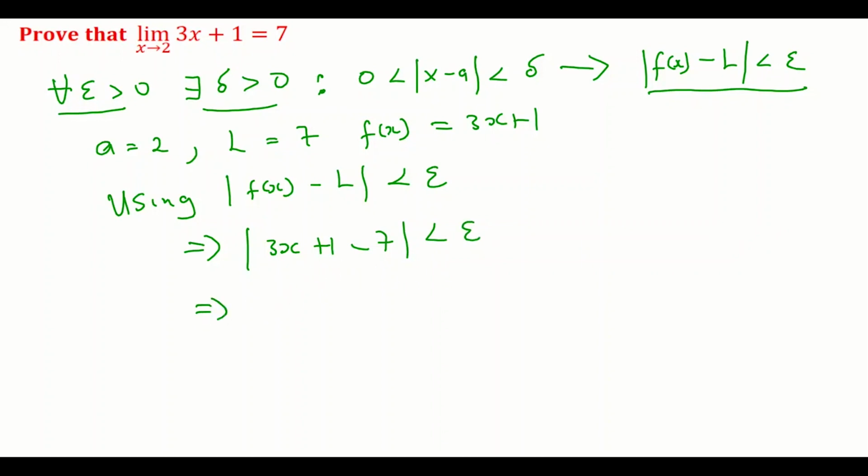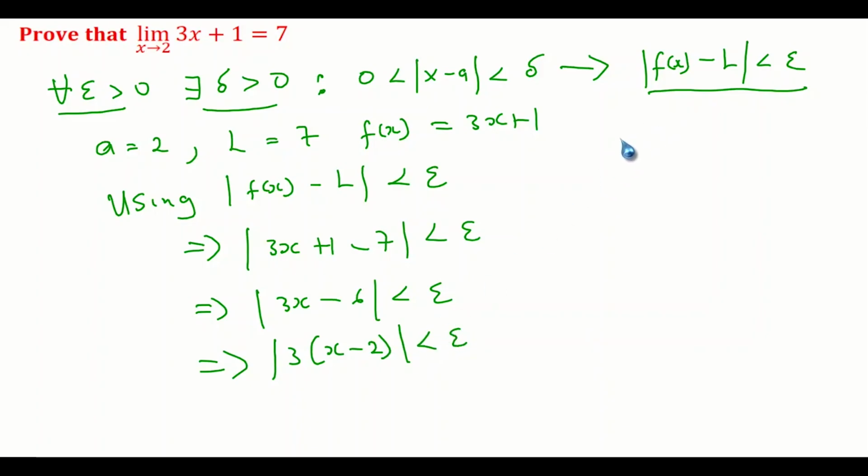It implies that 3x + 1 - 7, that will be minus 6, is less than epsilon. Now I can factor out what is common here, which is 3. It will be the absolute value of 3 times (x minus 2) is less than epsilon.